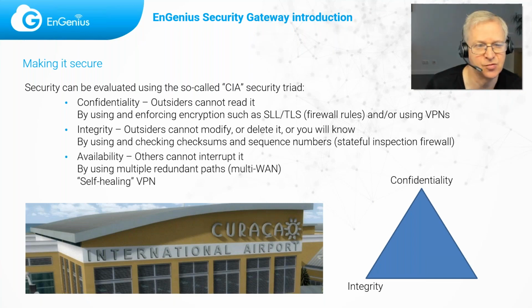And lastly, the A stands for availability. Others cannot interrupt it. This is something that you can do by using multiple redundant paths, multi-WAN, or in the case of VPNs, by self-healing VPNs that will also route over the other paths if they're available. So keep these in mind as we talk about all this stuff.